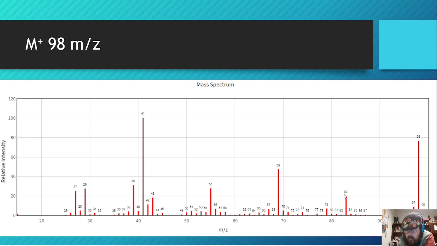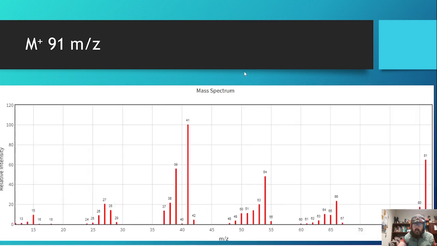So, loss of a methyl, loss of an ethyl, another 14, loss of a propyl, loss of a butyl, to go from here to here, all those peaks. But I don't need to justify all these. It does tell me probably not any nitrogens, probably not any chlorines or bromines. This is more unsaturation stuff; we don't need to worry about that.